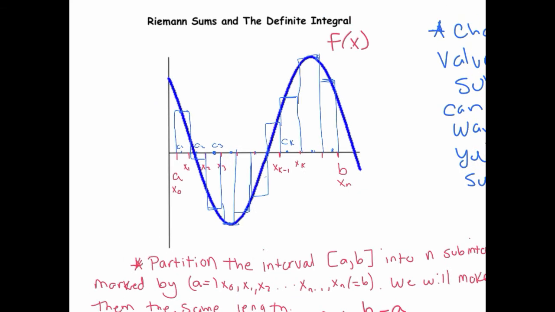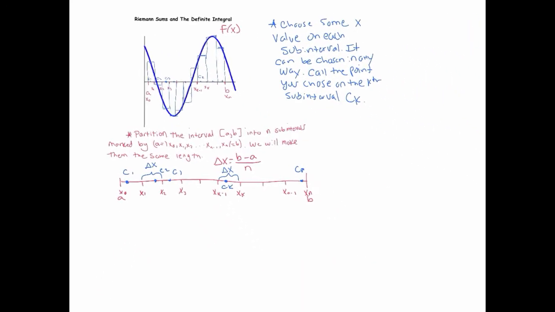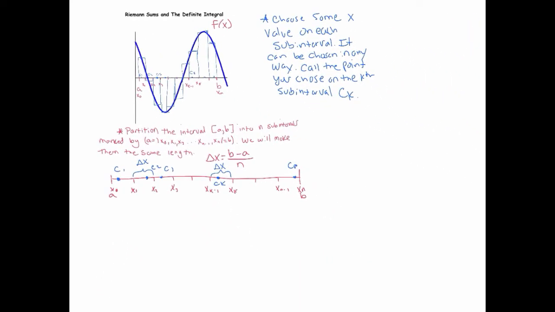All right, so just to recap, and this is just going to help for the notation of what we're going to write down, I'm going to say let f of c sub k be the height of the rectangle on that interval.